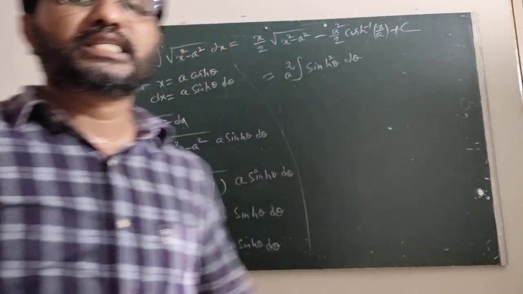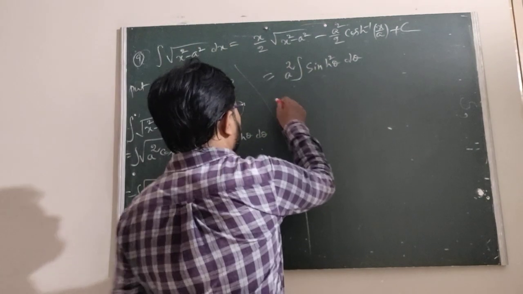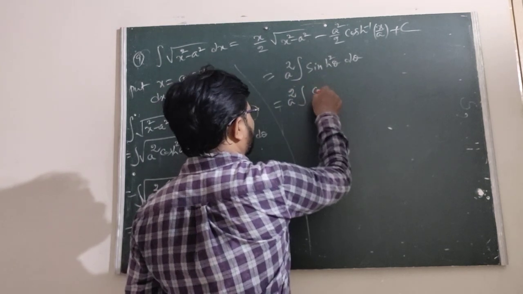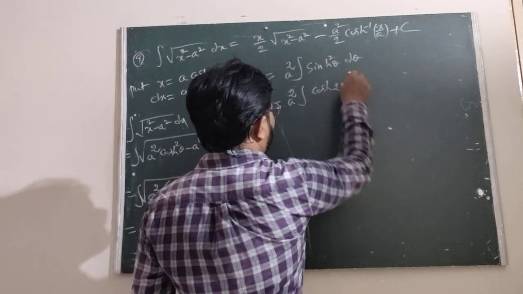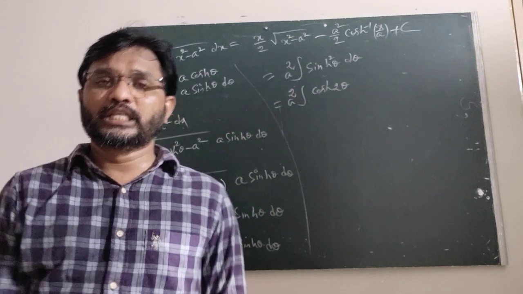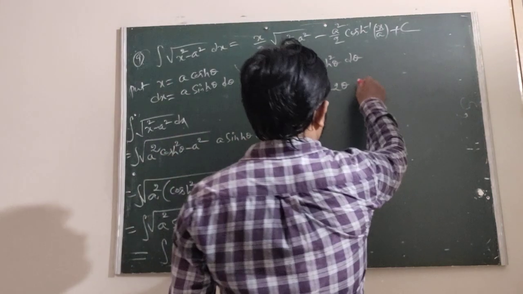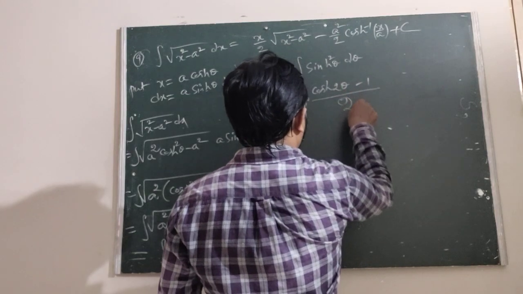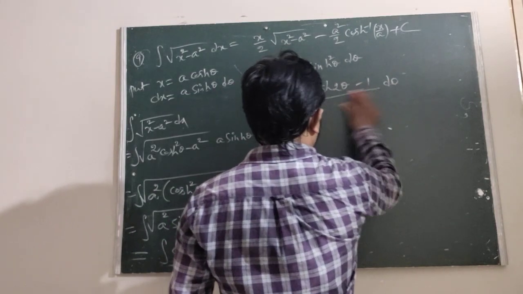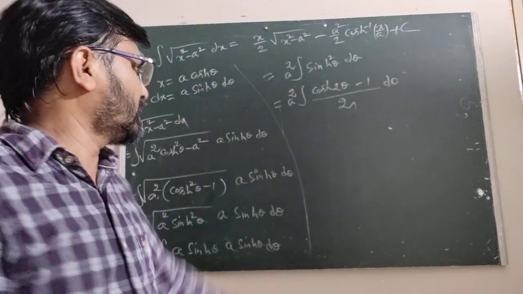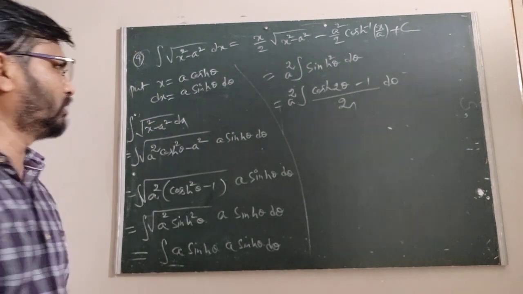We know that sin h square theta is cos h of 2 theta minus 1 whole by 2 into d theta.